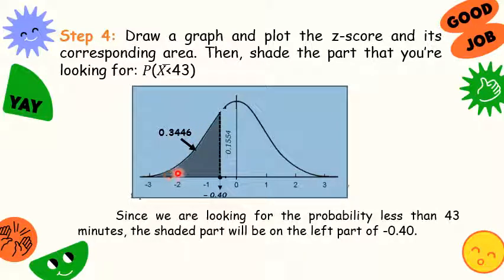So, hindi ba mukha naman itong 34.46? And ano ba itong 0.155? Ito naman yung area nito, yung unshaded, yung kalahati. Di ba? Sabi natin symmetrical yan. 50-50 yan. Di ba? So, kung yung 0.3446 ima-minus nyo sa 50, ito yung matitira, 0.1554. Okay?